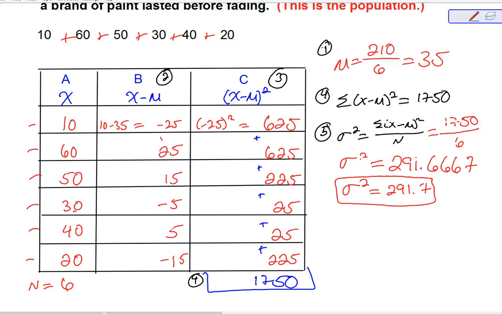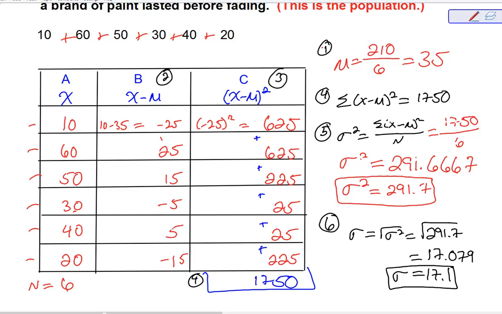Step 6 was to find the standard deviation, which is just taking the square root of this. So I'm going to do the square root of 291.7, which is going to give me 17.079, which whenever I round that properly will give me 17.1 as my standard deviation.